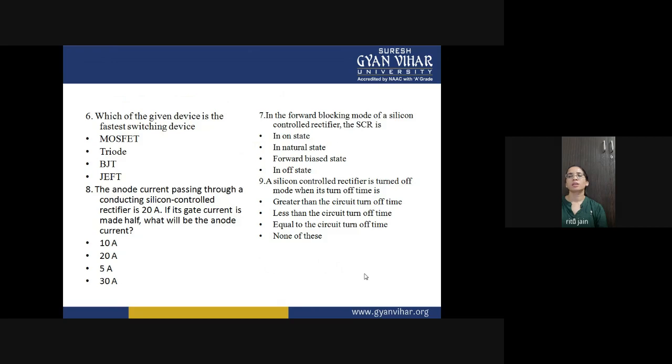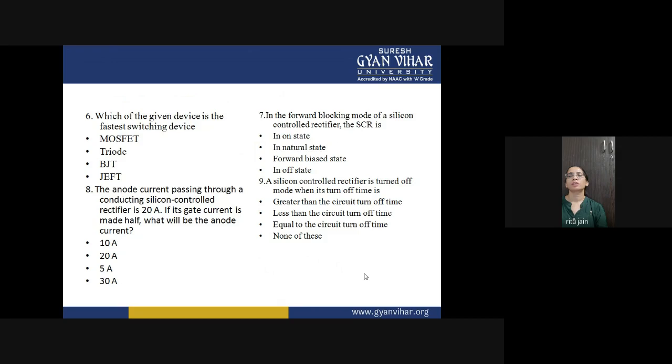Now, a silicon controlled rectifier is turned off when its turn off time is greater than the circuit turn off time, less than the circuit turn off time, equal to the circuit turn off time, or none of these.